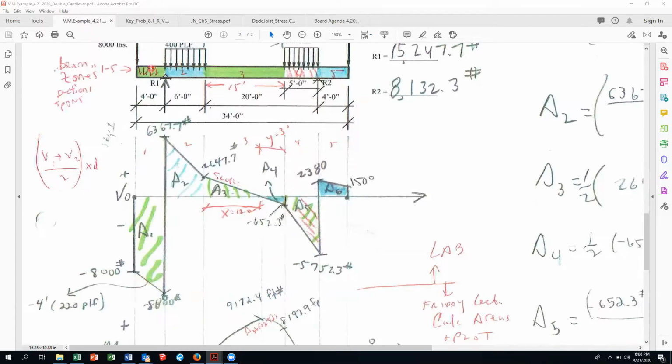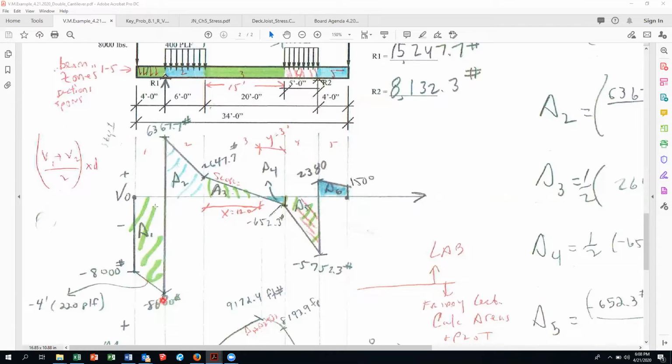Because it's beam weight, it's acting down. That means the shear is going to increase in the negative direction another 440. So the answer for the shear right at this point is 2 feet times 220, which is 440, which is negative. So it's negative 8440. Those are the type of questions that I'm going to ask you.